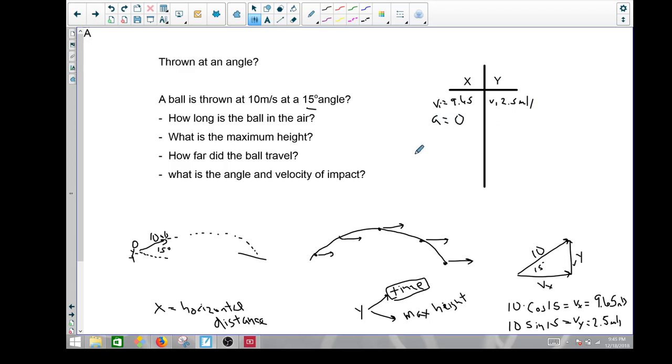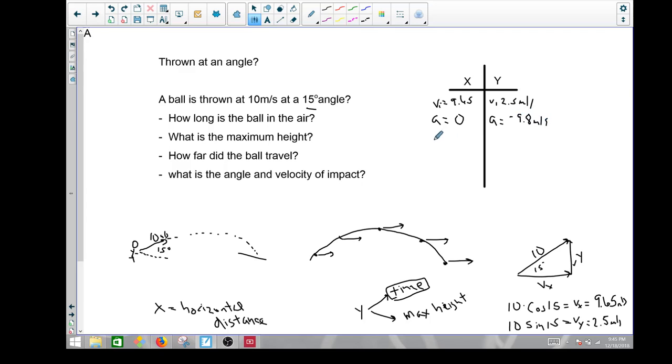The only opposing force I have is wind drag, which we're going to consider negligible. But in the y direction, the acceleration, when free fall is occurring on Earth, is negative 9.8 meters per second squared.